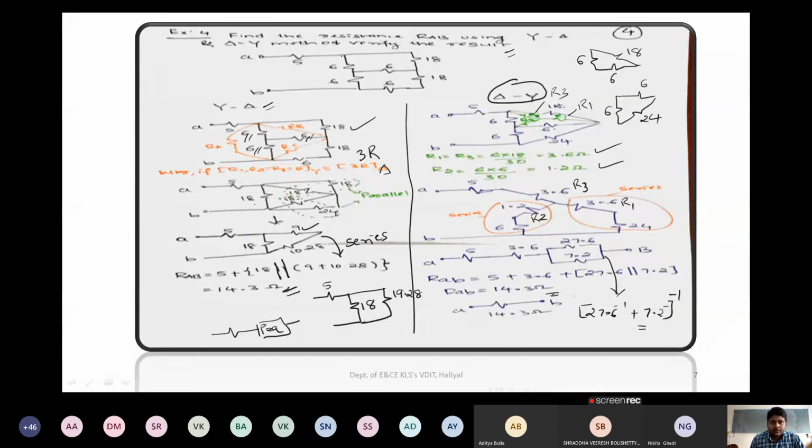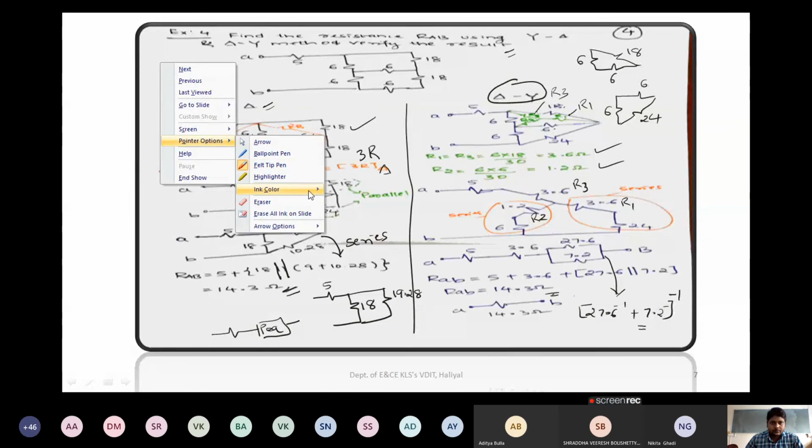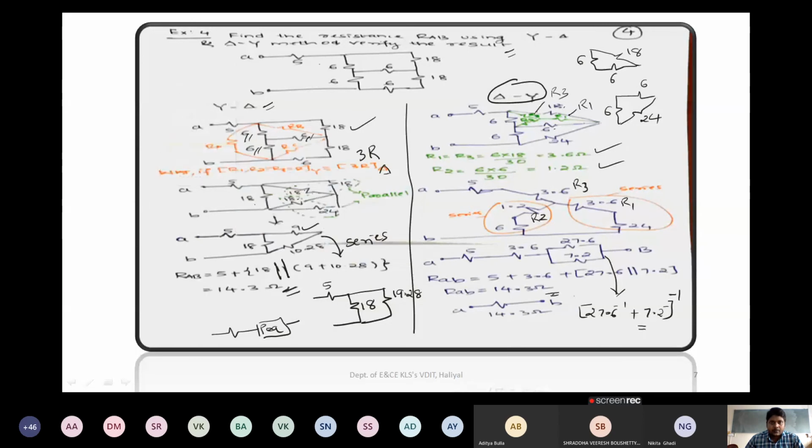Okay, so here what I have taken is, first I have observed that there is a star network of 6 ohm, 6 ohm and 6 ohm.